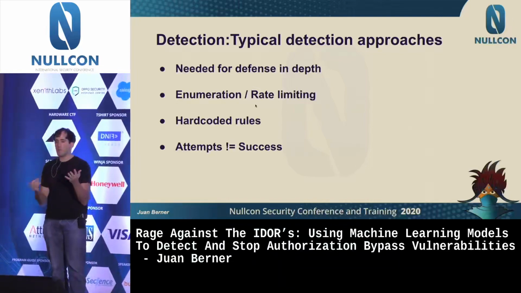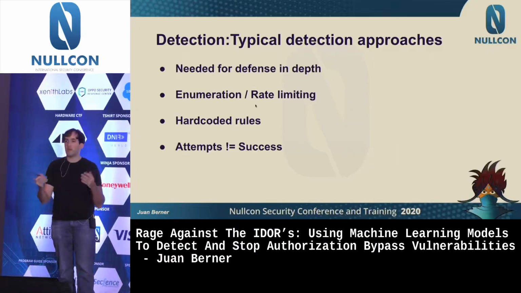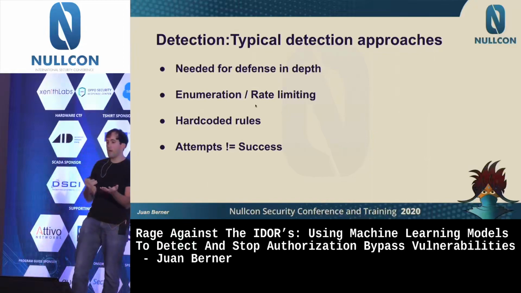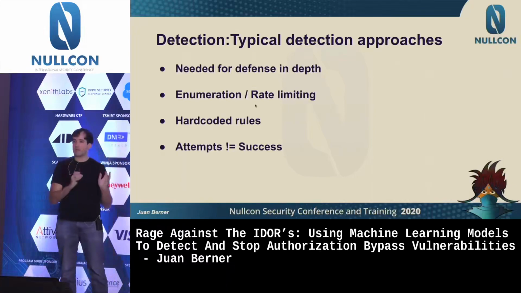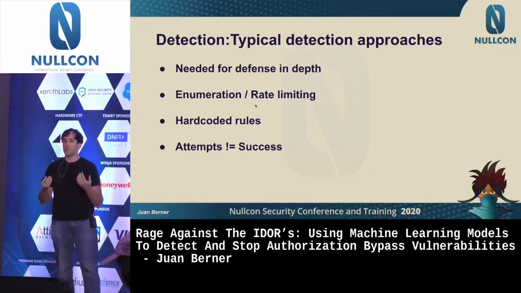So you might have the enumeration where you realize somebody is going through different users, and you might add rate limiting, which is basically I will detect after a threshold and then block that attack. Then you might have hard-coded rules for this, but usually the big difference here is that you're looking at attempts and not actual success of exploitation, which can lead to teams getting a lot of alerts.